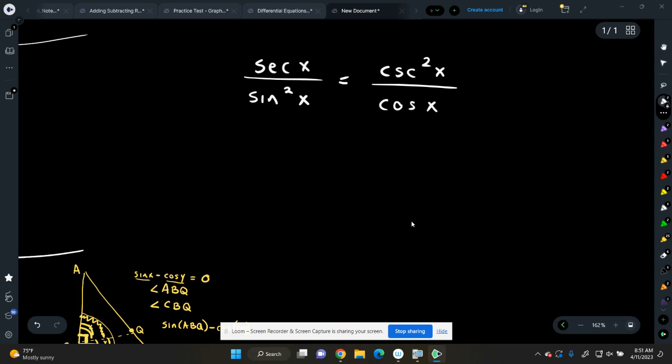When we're asked to verify an identity, that means we want to show or prove that the left side is equal to the right side, okay? So we're going to use the identities that we know in order to simplify both sides. We just have to get them to be the same on both sides, okay?